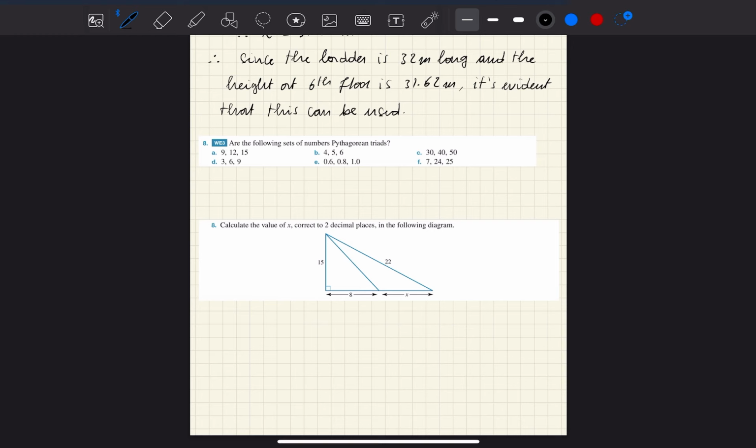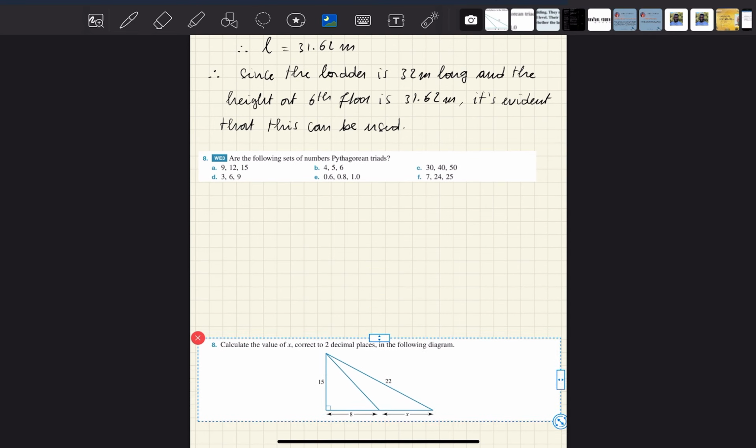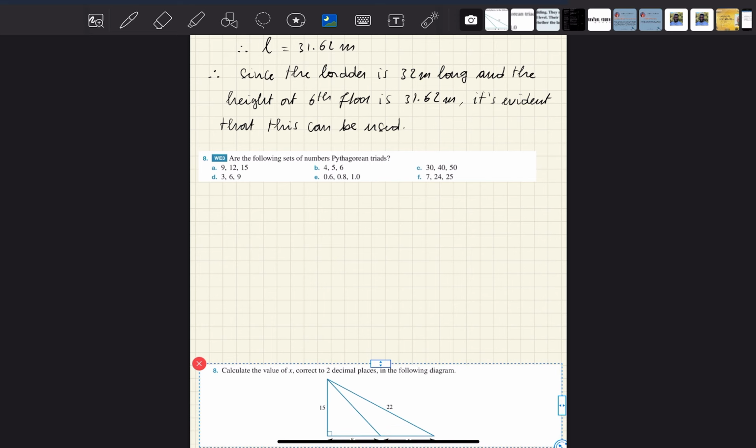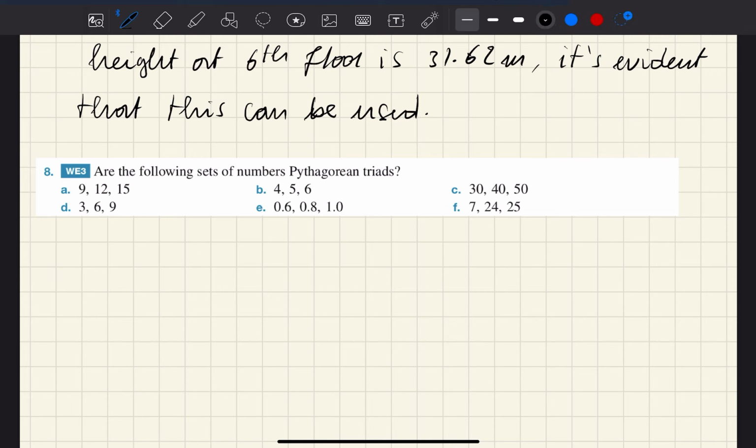I'll do two more from question 8, and then we'll move forward. The next one. The second question is: are the following sets of numbers Pythagorean triples?